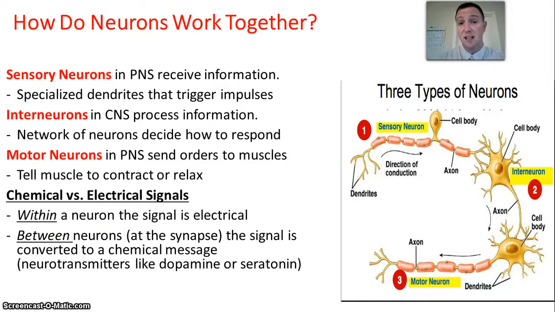Now, this is a good time to bring up the whole idea of chemical versus electrical signals. The next lesson, when we talk about hormones and the endocrine system, is going to be about chemical messages. But you need to understand the nervous system also has chemical messages. The message within a neuron, within this sensory neuron here, is going to be electrical.